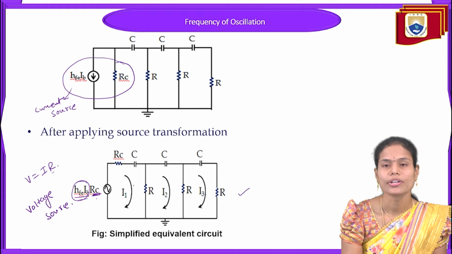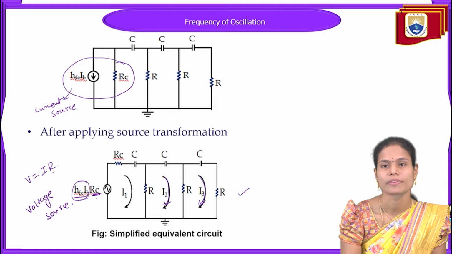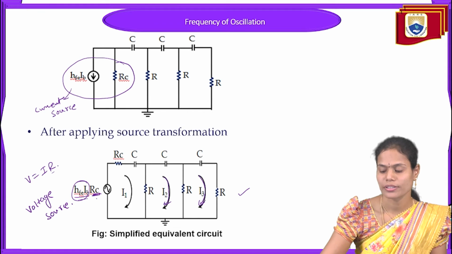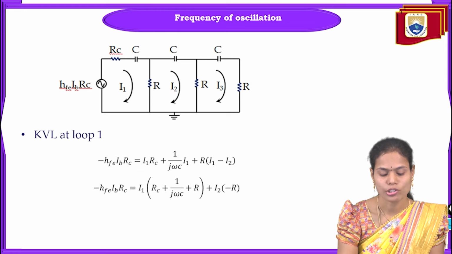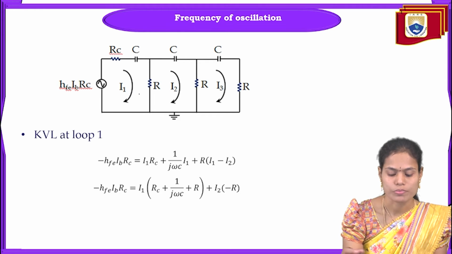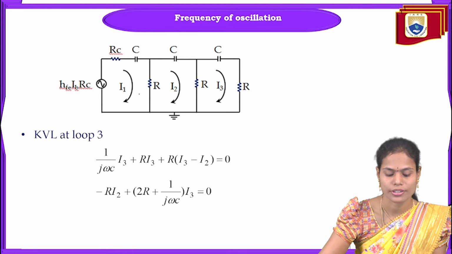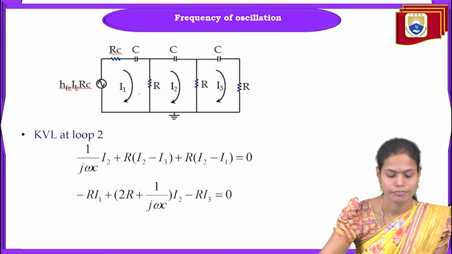Next I am indicating the currents flowing in the networks: I1, I2 as well as I3. Next we need to find the values of these loops, that is, the different voltages.